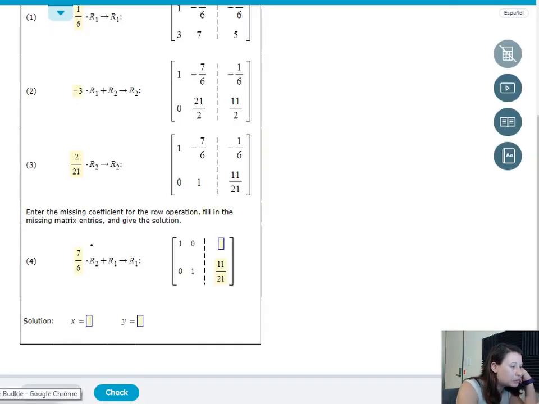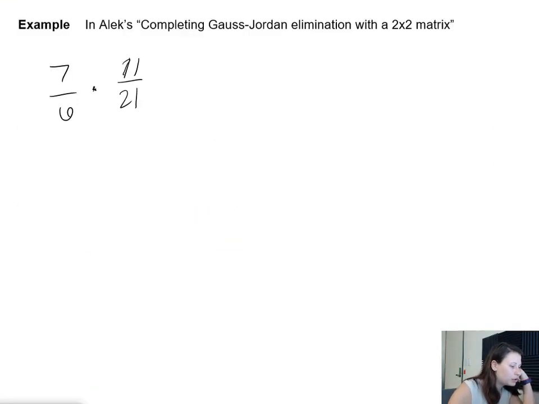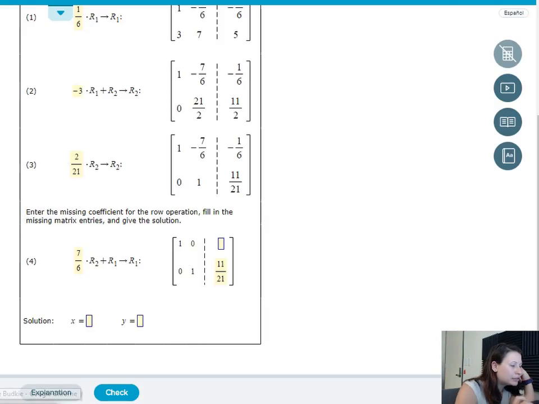So what we're doing is we have 7/6 times 11 over 21, and then we need to add it to what was there in the augmented portion of row 1, which was -1/6.